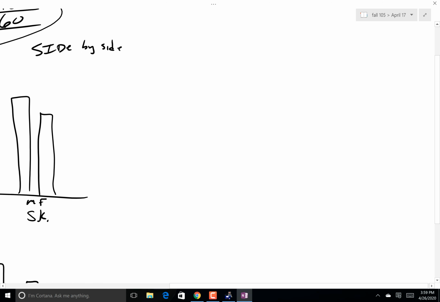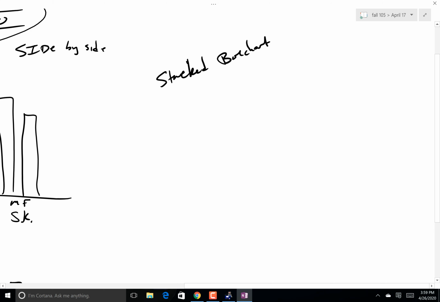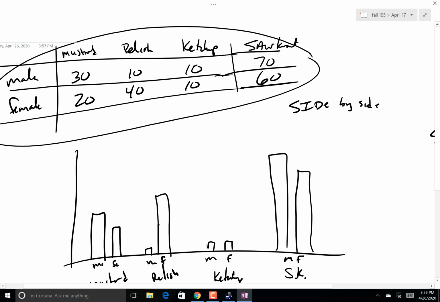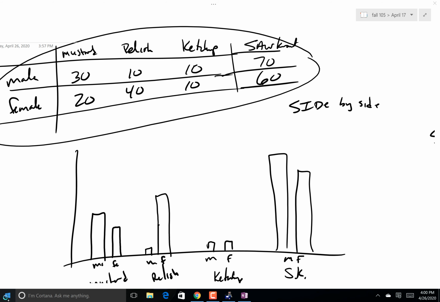Another one that we'll see is the idea of what's called a stacked bar chart. And for this one, I'm going to go ahead and use the computer. I'm going to copy this data into my Excel. So just allow me to demonstrate this.